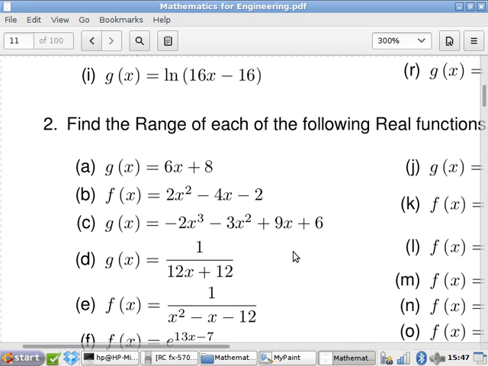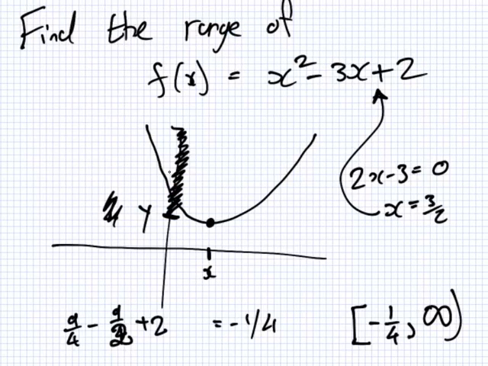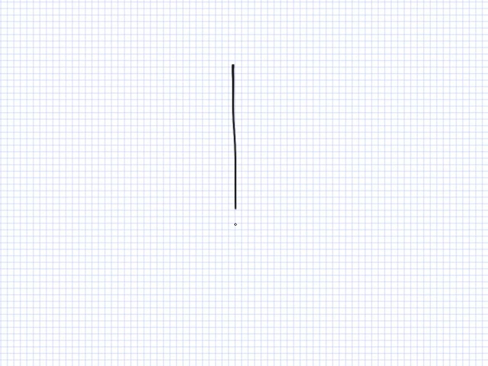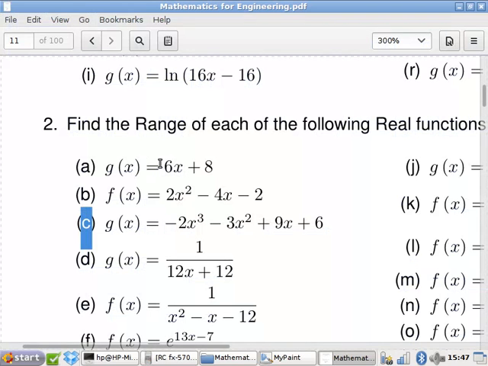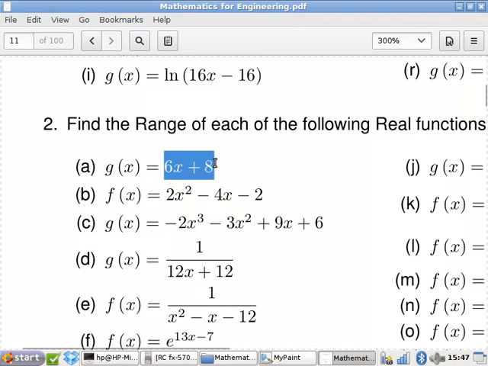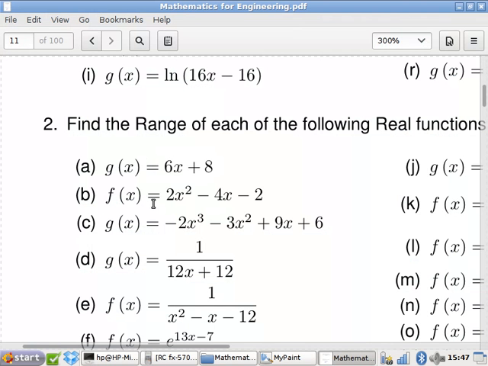The range is all real numbers. Think about the graph. The graph looks like this. The domain is all real numbers, and the range? What's the range here? Everything. All real numbers.